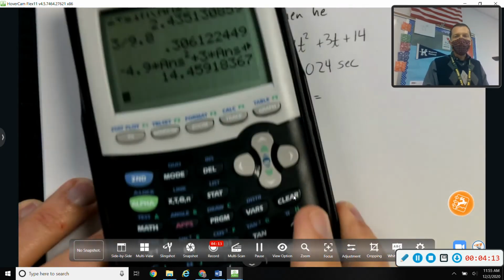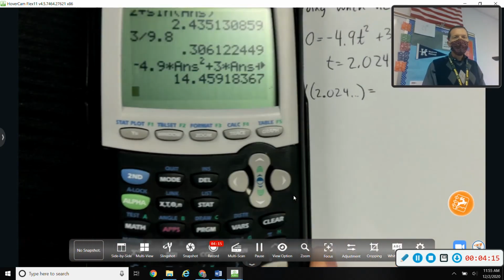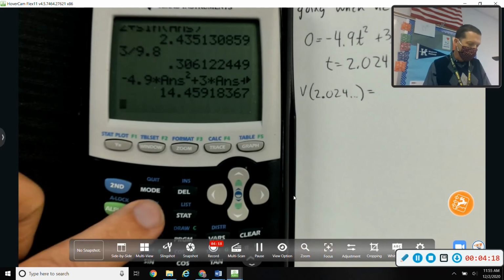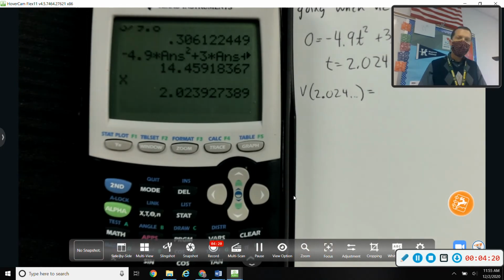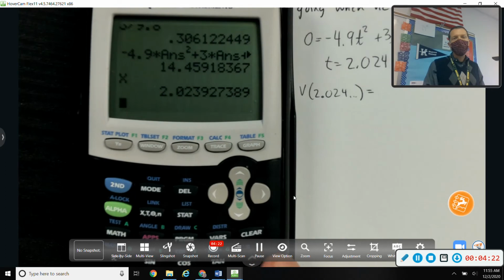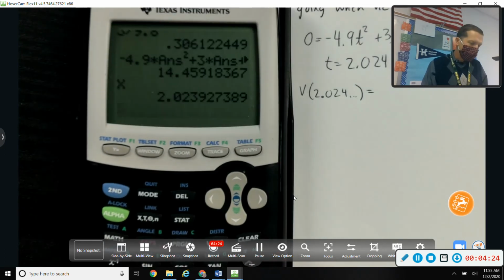By the way, since your calculator just found x, that's the most recent thing in there for x. So it's in there as the time, so you can use that. You don't have to write everything out. You can just use x, or you could use answer if you do what I just did.